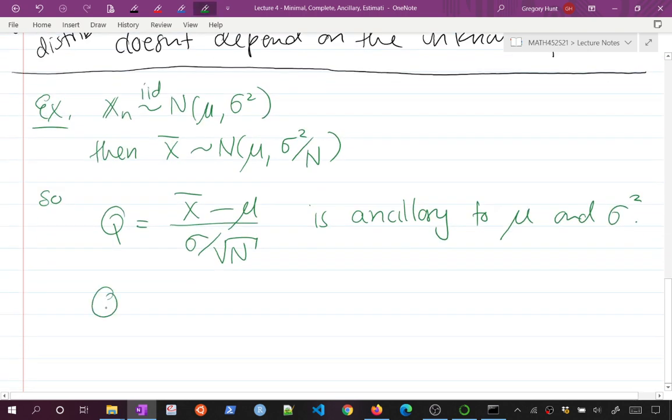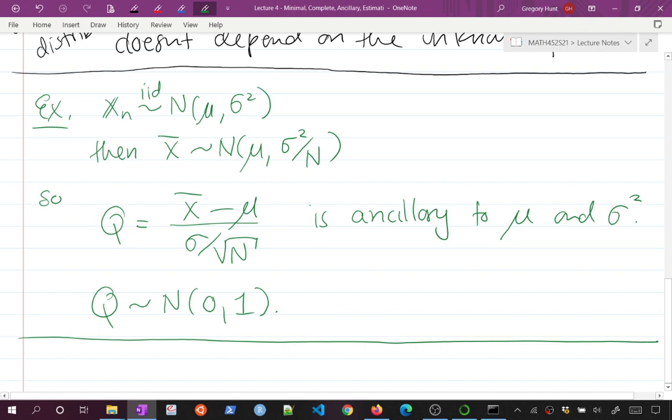Why? It's not too hard to show that Q will have a standard normal distribution. So the distribution of Q doesn't depend on mu or sigma squared. I basically excised mu and sigma squared from the distribution, and so Q is ancillary to them.